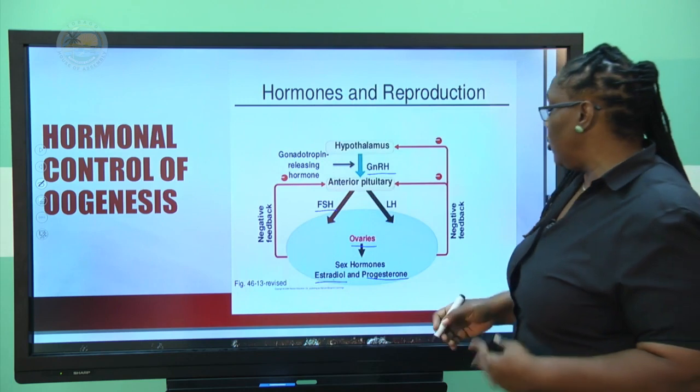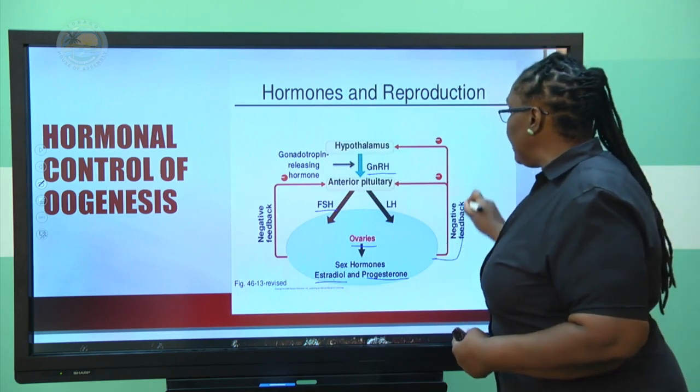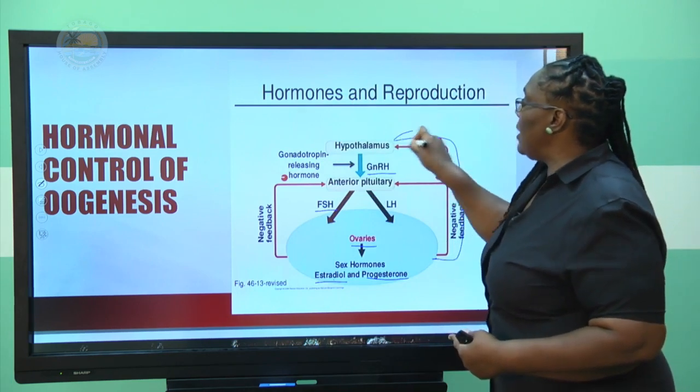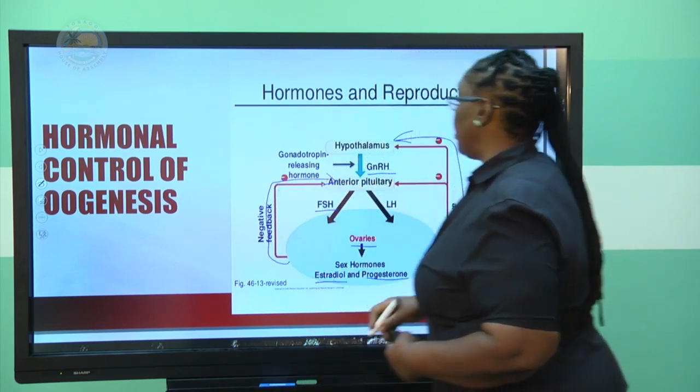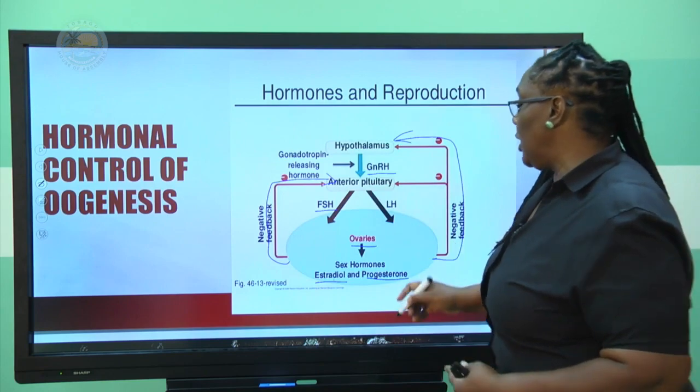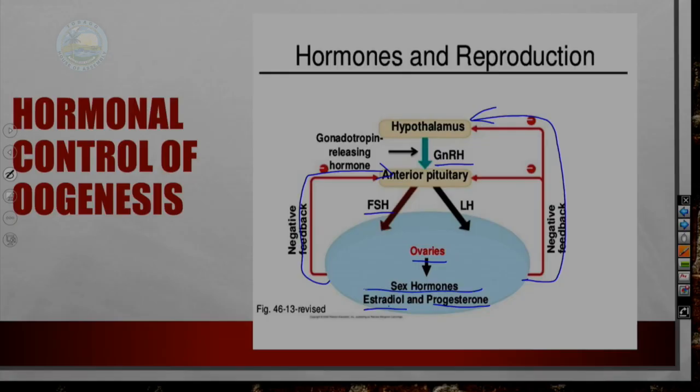As their production increases, they will in turn have a negative feedback on the hypothalamus and a negative feedback on the anterior pituitary gland. So eventually, as these levels increase, they are going to shut down the system.